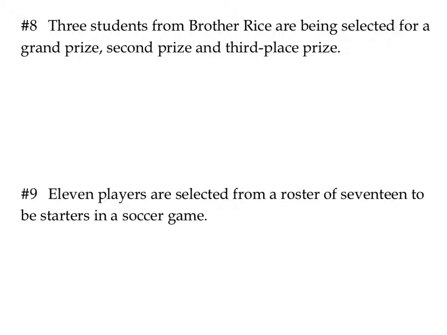In number 8, we saw this is a permutation. Okay, so this is a permutation because order matters. Are you getting the grand prize, second prize, or third place prize? There's a difference there. Okay, so now this is still 550 for our total, and we're selecting 3. So you're going to do the same thing. We're going to enter the n value, then go to the permutation option in that PRB menu, and then enter the 3 for the R, because you're selecting 3, but in this case, order matters, and so you're going to see you're going to get a different answer.